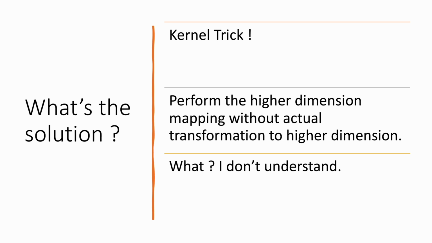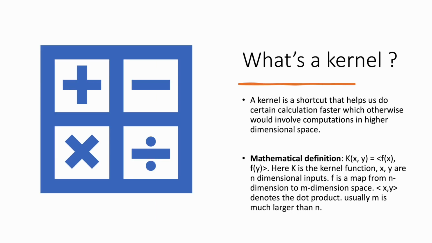That's the basis of the kernel trick. So what is a kernel? A kernel is nothing but a shortcut that helps us do certain calculations faster, which otherwise would involve computation in a higher dimensional space. Kernel is not essentially related to SVM itself. Kernel is a generic mathematical tool to do complex operations in a simpler way.